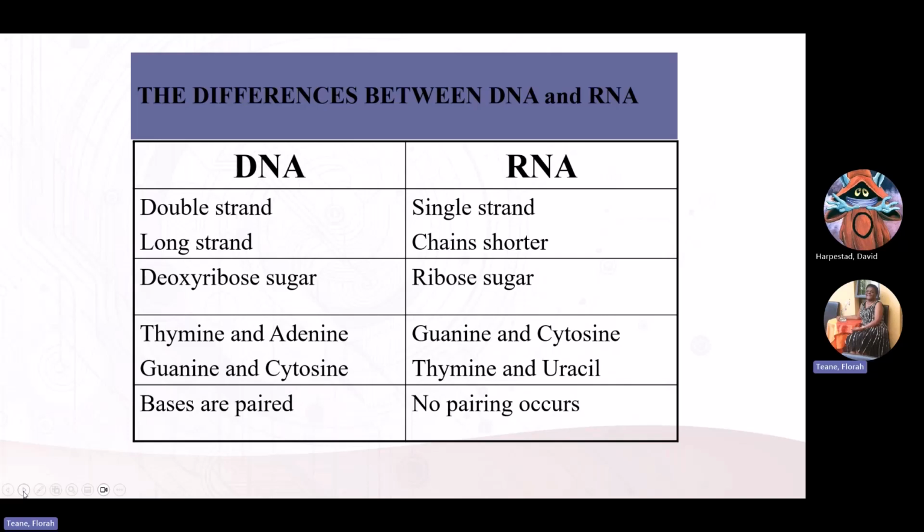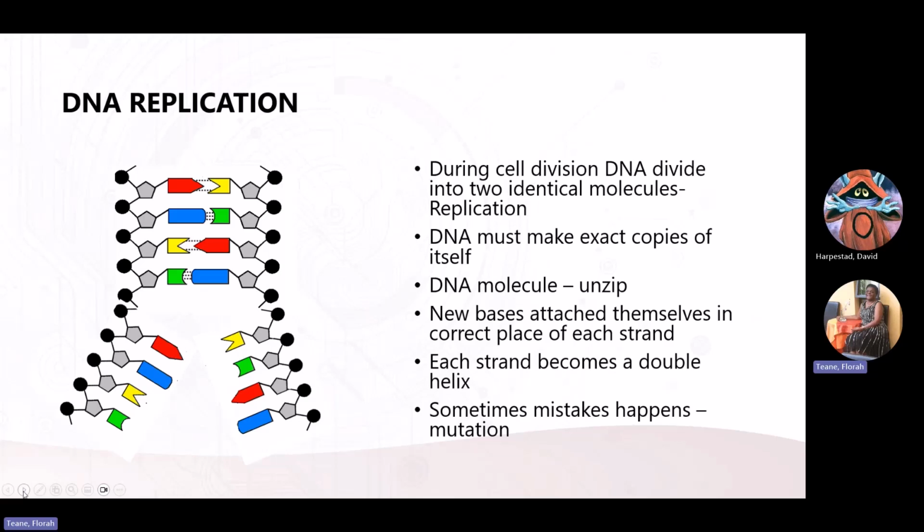We have these nitrogenous bases in DNA, thymine, which will always match with adenine, guanine, which will match with cytosine, and in RNA, guanine will always match with cytosine. Thymine will match with uracil. So in the structure of DNA, the bases are paired, whereas in RNA, there's no pairing of bases.